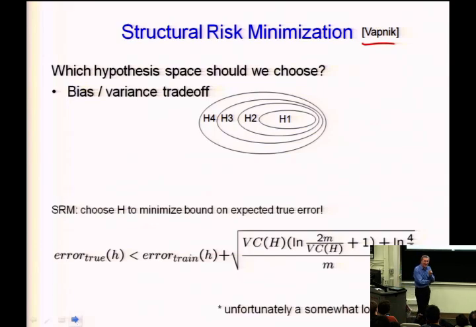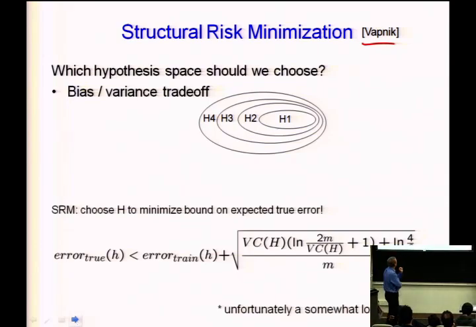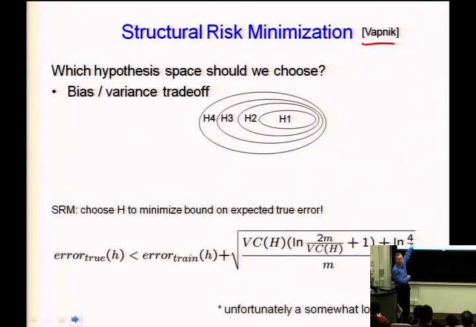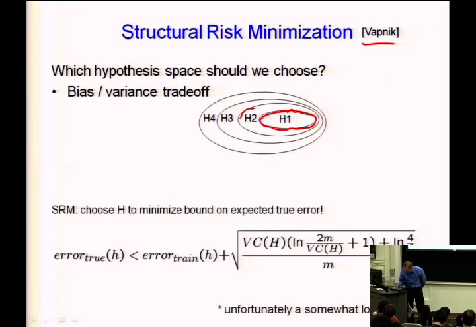And this again is a slide from what we saw before. If you rearrange our expression about sample complexity and the relationship between the training error and the true error in terms of VC dimension, we get this expression. And so Vapnik said, well, I could work in hypothesis space H1. Maybe that's linear separator planes in 1 dimension, or in 2 dimensions, or in 3 dimensions, or in 4 dimensions.